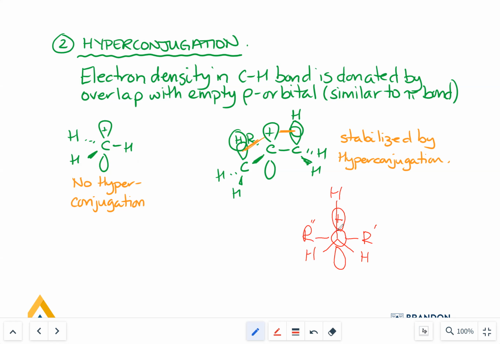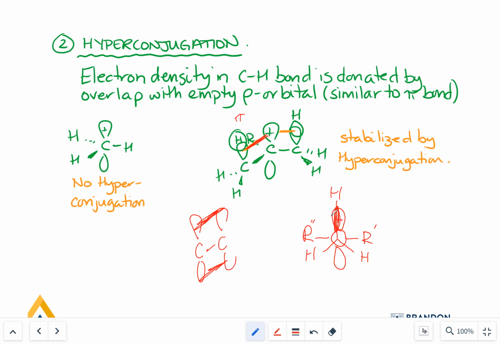And the electron density in this bond, which is eclipsing, is basically donated through space to help stabilize this positive charge. Sort of like a pi bond, because a pi bond would be 2 p orbitals, and the electron density would be above and below the internuclear axis here. So it's very similar to that. It's not making a pi bond, but it's a very similar sort of stabilizing interaction.